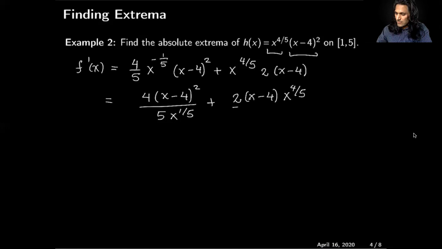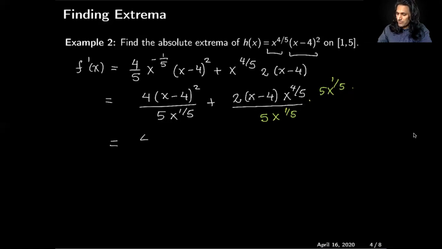In order to add these quotients, I have to have the same denominator. So I will multiply this term by 5x to the power 1/5 on the top, and I will do the same thing, 5x to the power 1/5 on the top. So when I add them, now I can add the numerators because the denominator is the same.